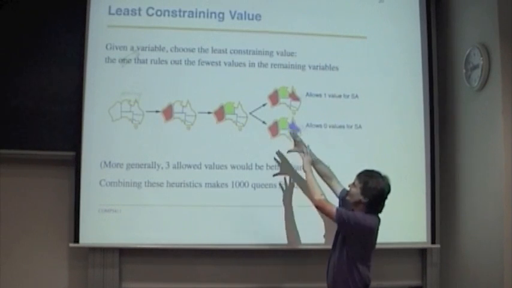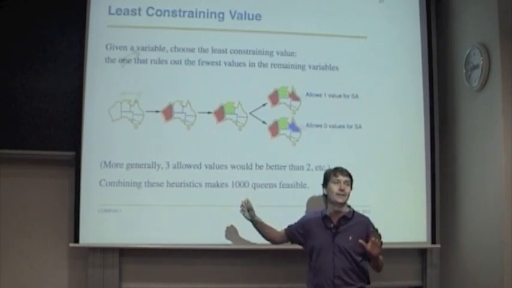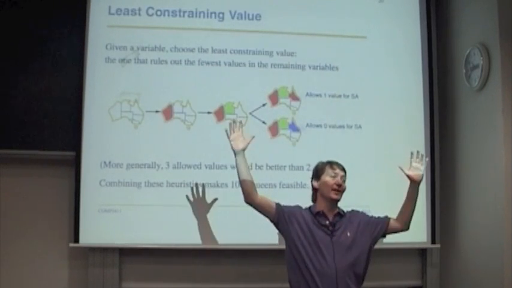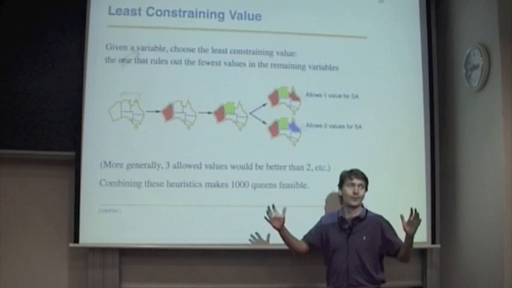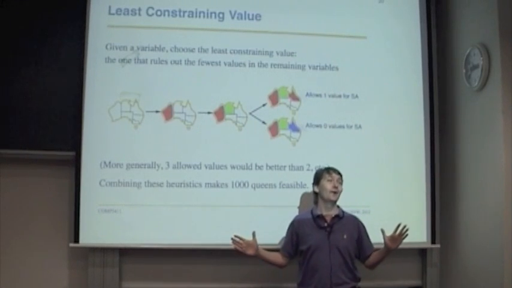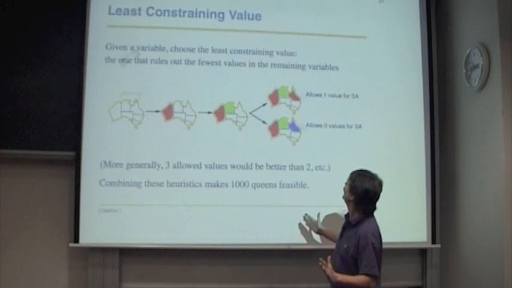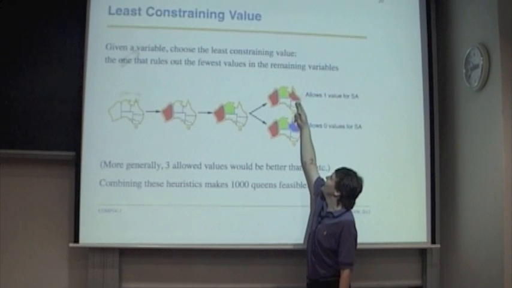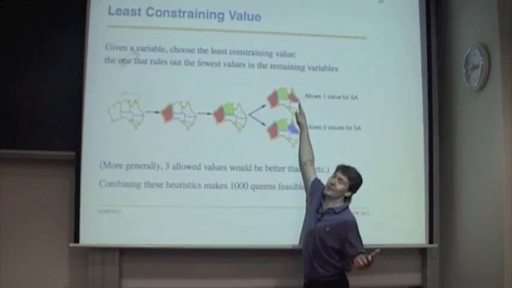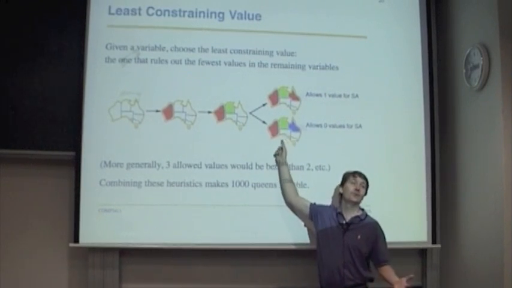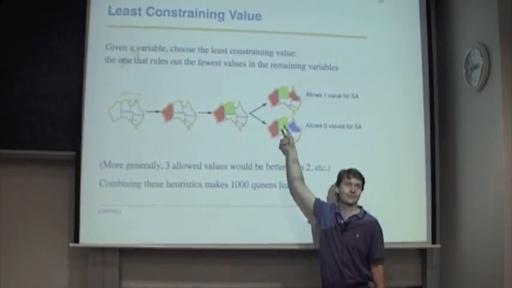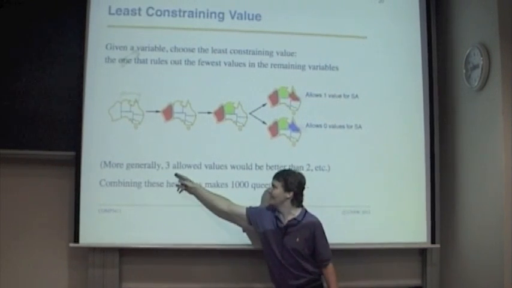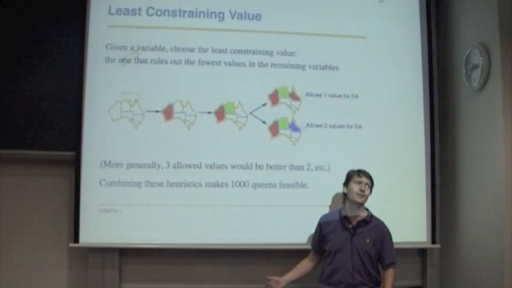Let's suppose this were part of a larger map. I'm not just colouring Australia, I'm colouring the whole world, but with 4 colours instead of 3. I would still prefer this over this, because this would leave me 2 choices and this would leave me 1 choice. It's a general principle: if you had 3 versus 2, then 3 would be better.